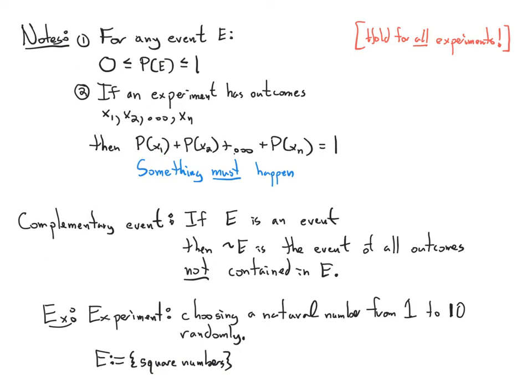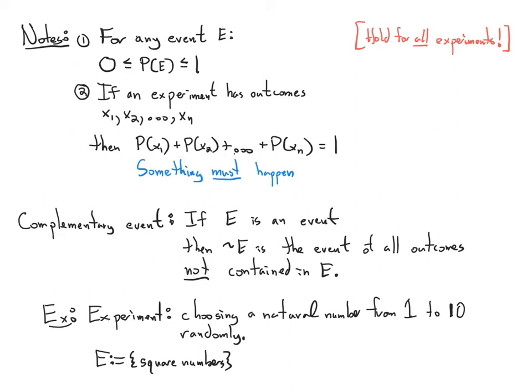Remember, outcomes are simple events. There's no way for 2 outcomes to have anything in common. So all of these are mutually exclusive. So either outcome x1 happens, or outcome x2 happens, or x3 happens, or x4 happens, all the way to, or xn happens. That's all of them.